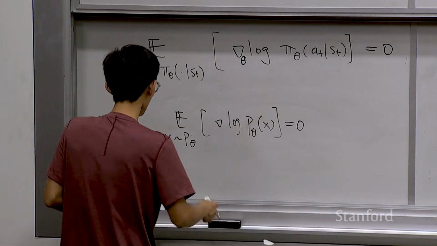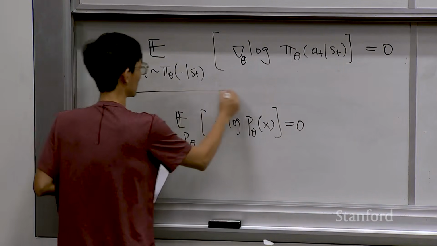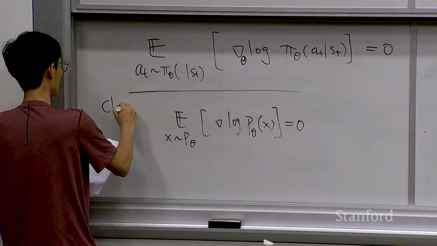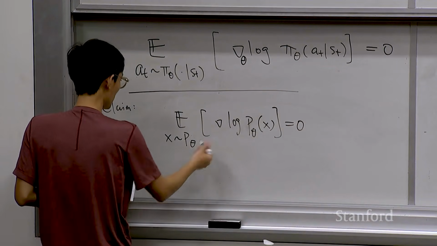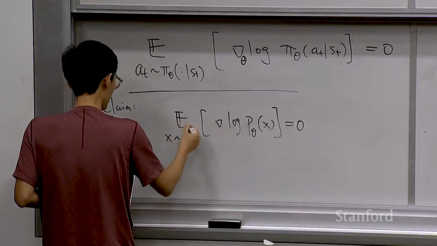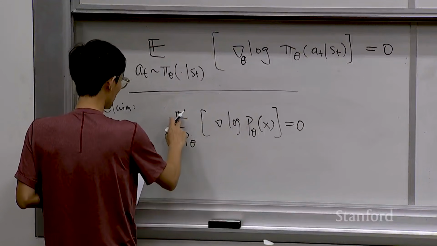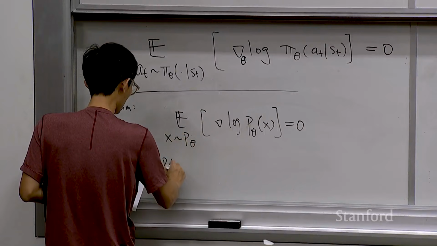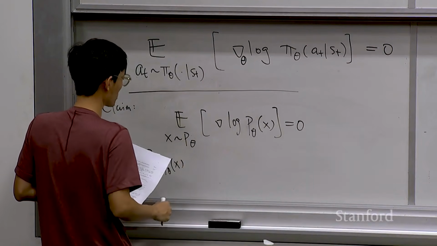The reason is actually very simple. This is a claim, and you can expand it by writing it as an integration. The expectation over x is the integral of p_theta(x), right? So this is what expectation becomes.